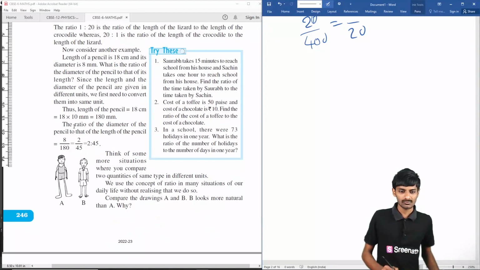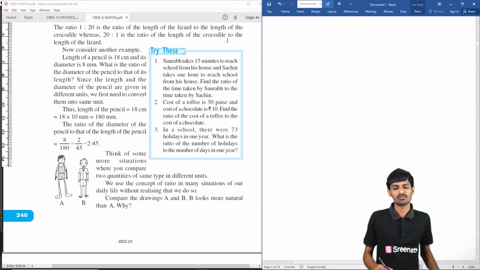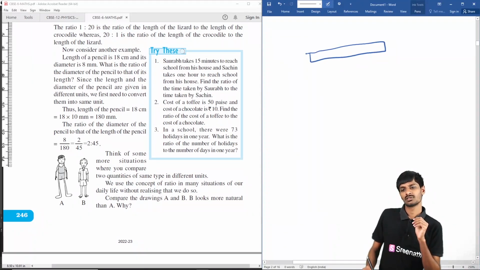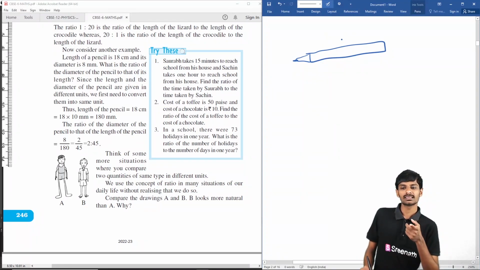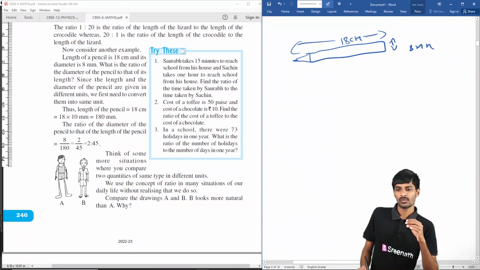Okay. If you want to compare another thing, suppose there is a pencil whose length is 18 centimeters and it is having a diameter, as it is like a circle, whose diameter is 8 millimeters. So if I ask you to compare, then you can simply say 18:8. No, here it is in centimeters and here it is in millimeters.